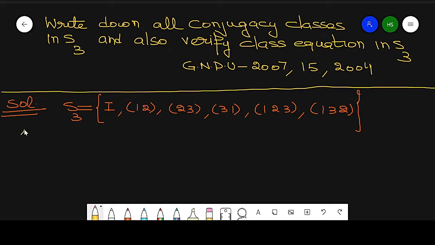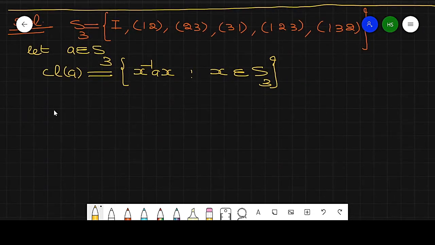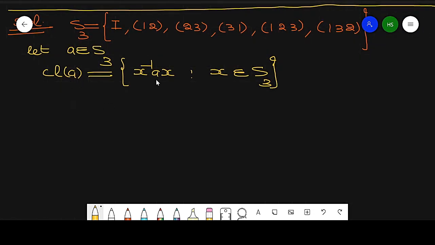If A is some permutation belonging to S3, what is the class of A? It is the set of X inverse A X such that X belongs to S3. Those elements are conjugate to A, and these have the same order. Remember that.